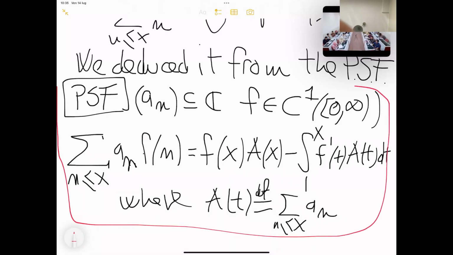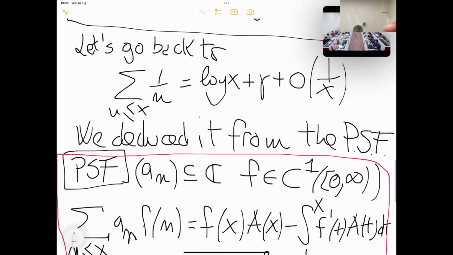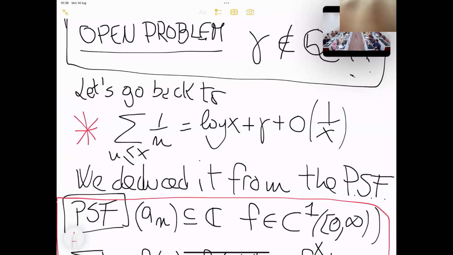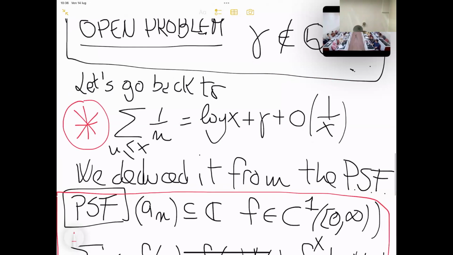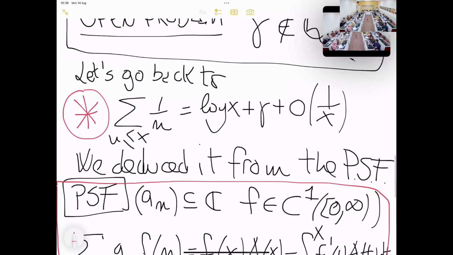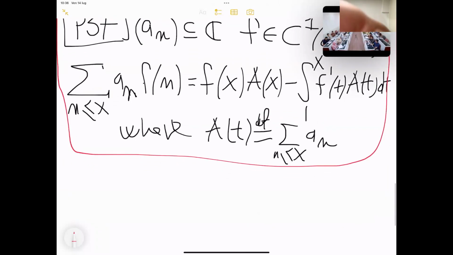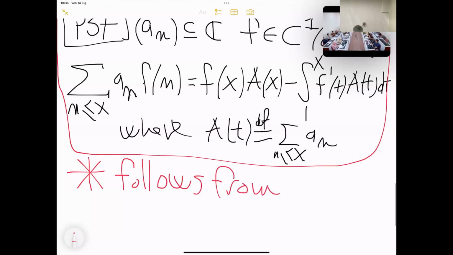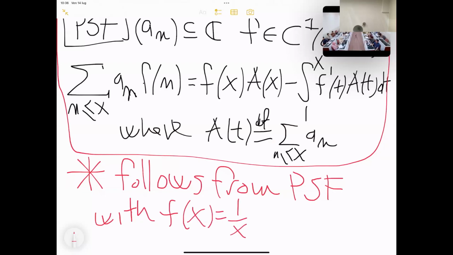And so star, which is this identity, follows from the partial summation formula with f of x equal 1 over x and a_n equal to 1 for all n.